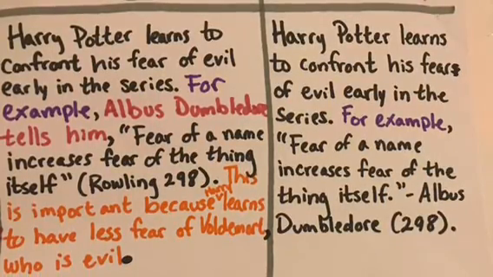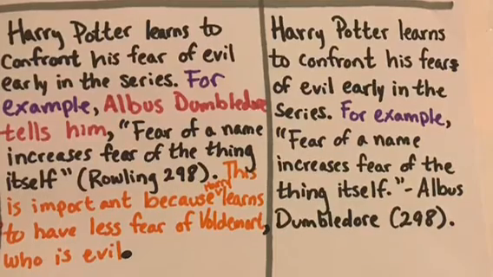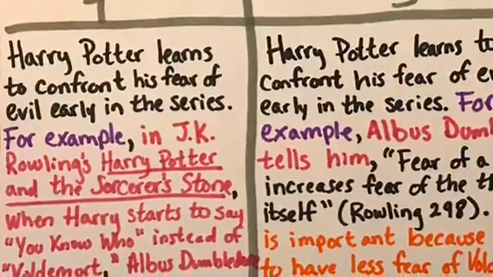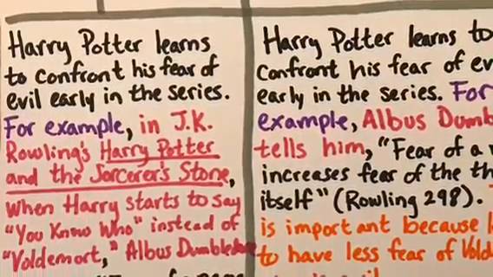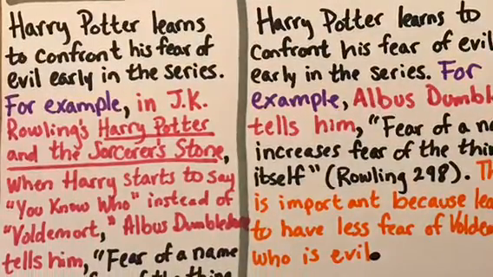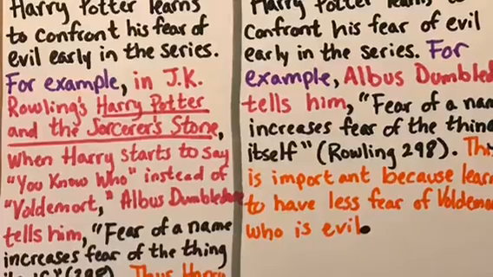So that's proficient, and then in that paragraph you might want to include another quote, and then transition out of it. And so here we've got 4, and again, this may not be the entire paragraph, but it could just be the topic sentence and one supporting example. Harry Potter learns to confront his fear of evil early in the series.